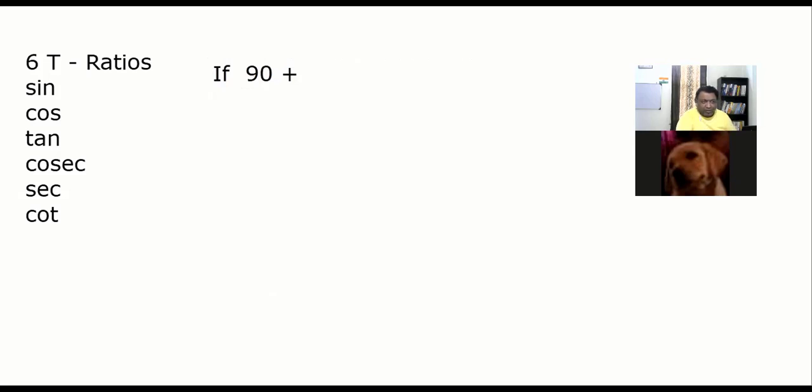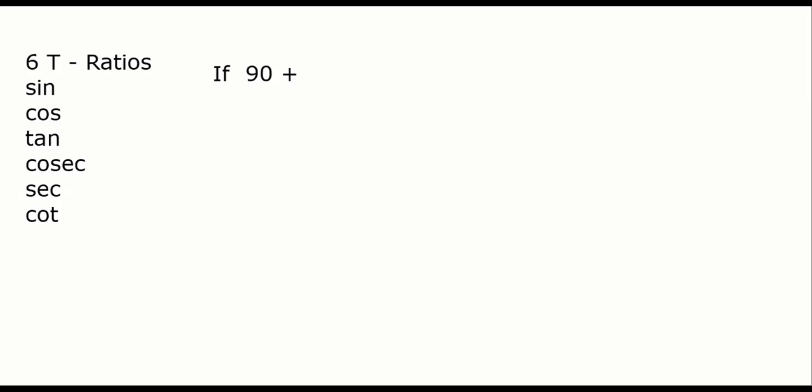Okay, I copied theta so that I can use it again. So what I was saying is, if you're doing 90 plus theta, or if you are doing 90 minus theta, when you are doing 90 plus or 90 minus theta, it always changes. You know how the pair is? The pair is like this.